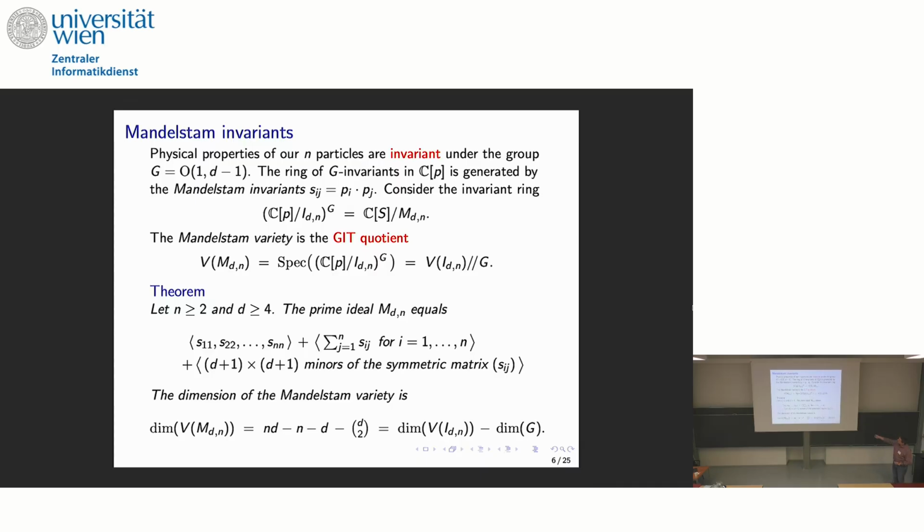Then you write down that Sij is equal to Pi1 times Pj1 minus Pi2 times Pj2 minus and so on. You write that all down. And then you say kernel. You have a ring map from the S polynomial ring to the P polynomial ring, given by the assignments I just sang for you. And then the kernel comes back. And that's the Mandelstam ideal. Clear? So that's what we do.